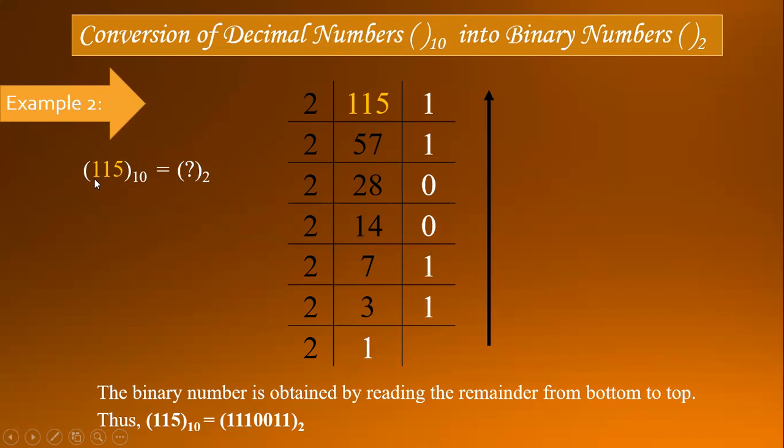So what is the equivalent number of 115? The equivalent number of 115 is 1101 1001 1. Always remember that we have to record the remainders from bottom to top. So we will get the equivalent binary number of the given decimal number.